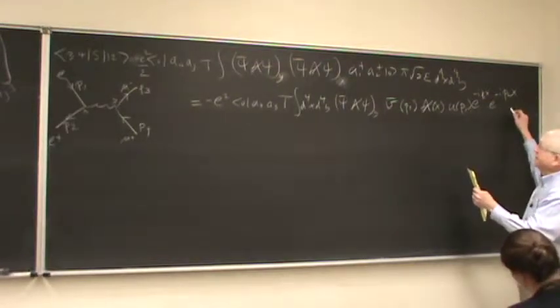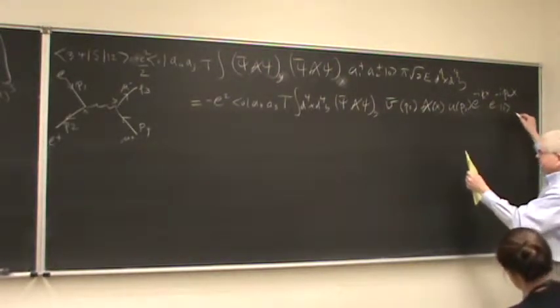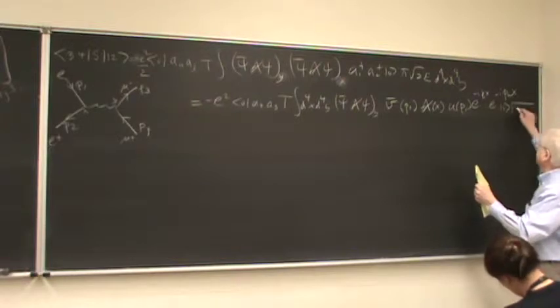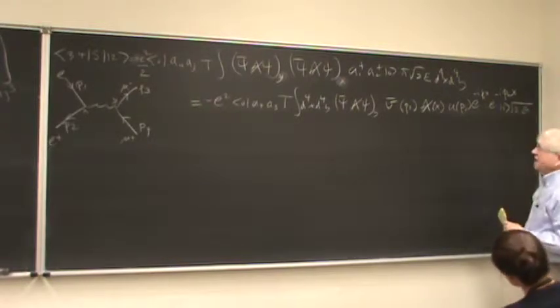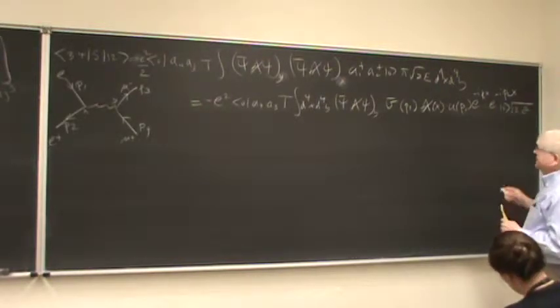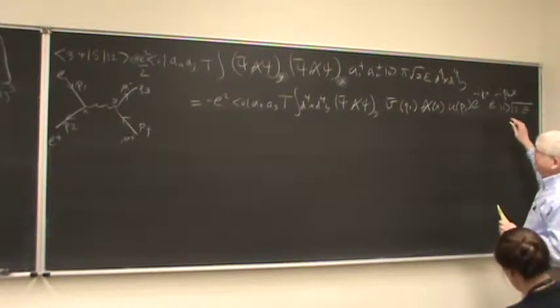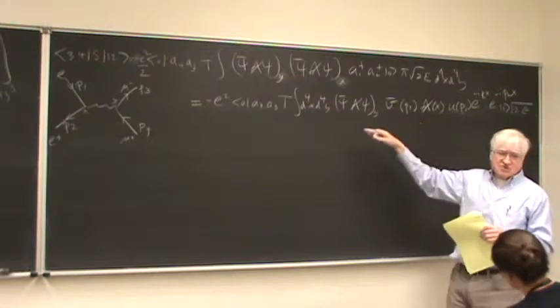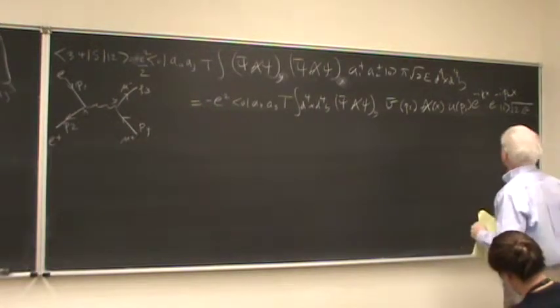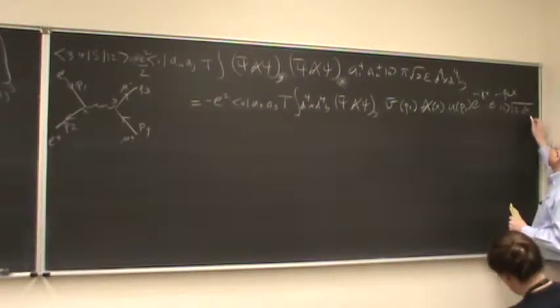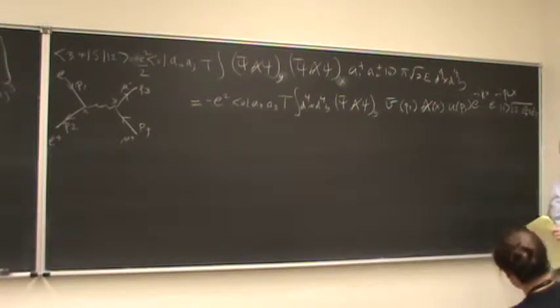And then what's left is just the vacuum and the square root of 2E's. Actually, 2 of the 2E's just went away because they cancel the 1 over square root of 2E in the denominator. So this is square root of 2E3, 2E4. That's all that's left at this point.